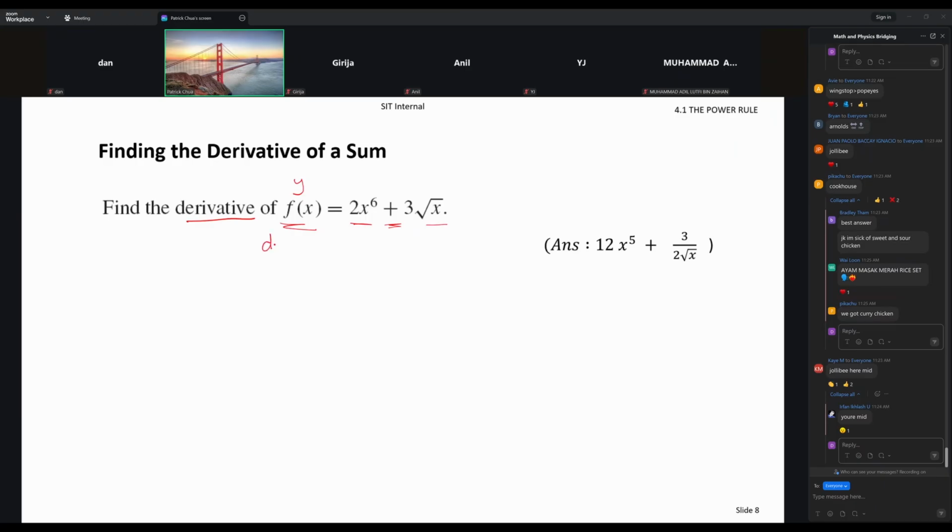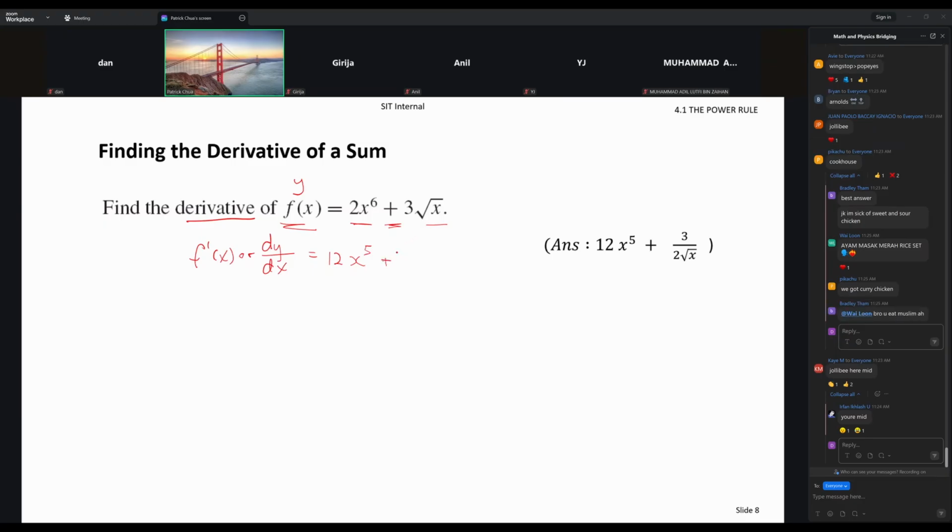So dy/dx, or f prime x, same thing, is equal to, by the power rule, you bring the 6 to the front and it multiplies the 2 as well. So you get 12 x to the power of 6 minus 1, which is 5. Plus 3 is a constant, leave it there.